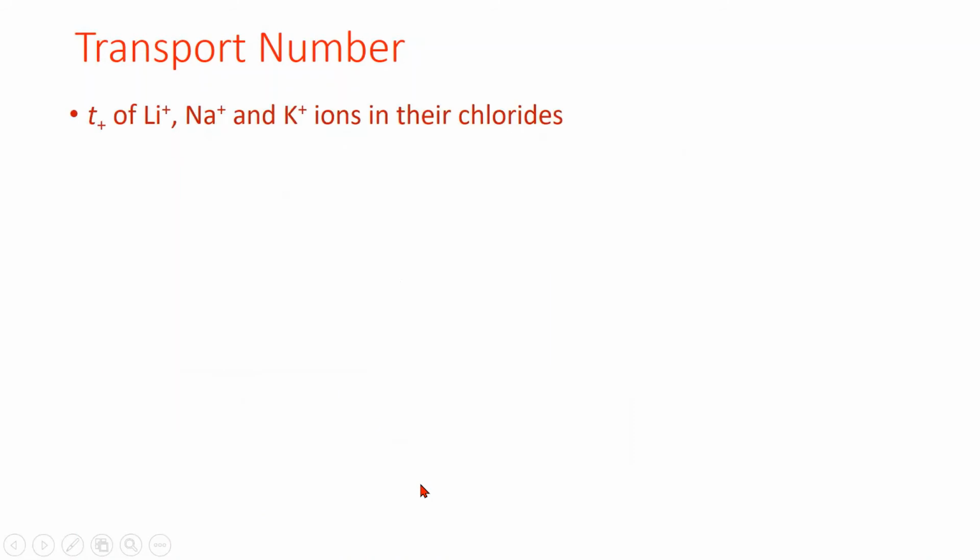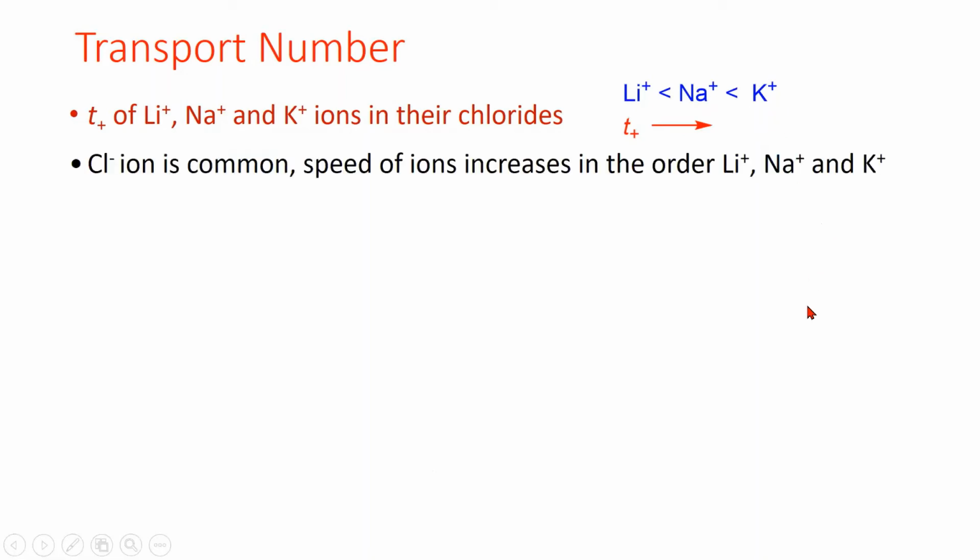The transport numbers of lithium, sodium, and potassium ions in their chlorides, we have seen, vary in this order. The transport number of lithium is less as compared to the transport number of potassium. In these salts, the chloride ion is common.